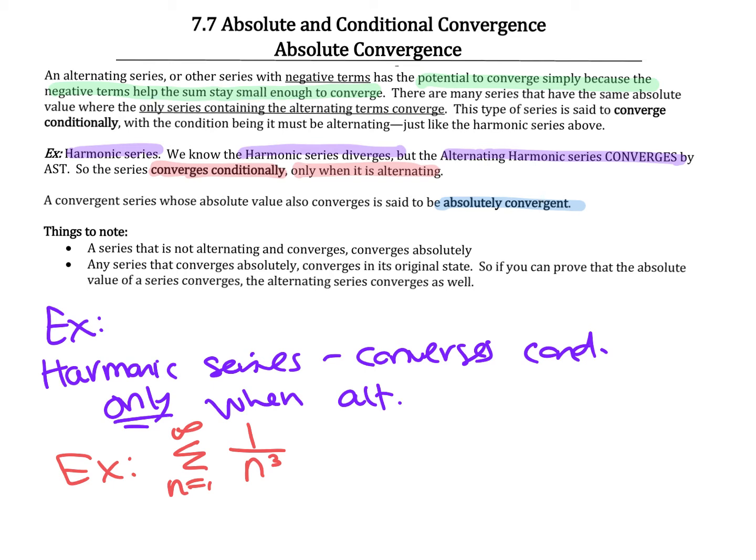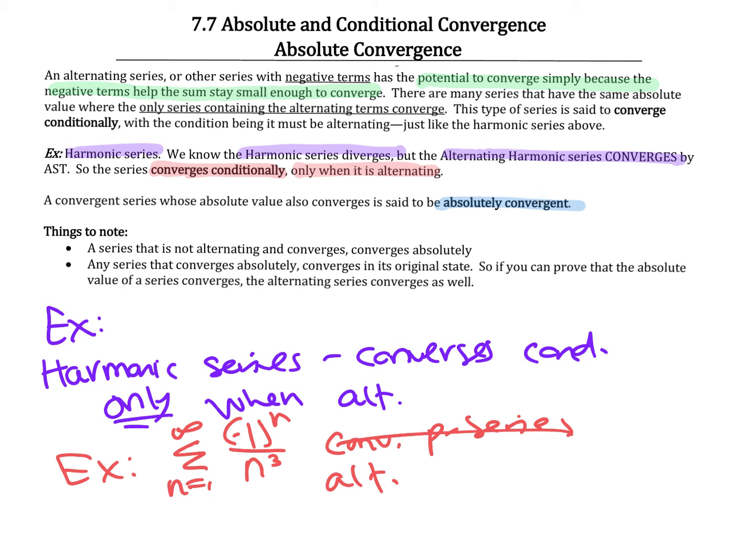If it converges when it's positive, we know this converges by the p-series test. We also could make it alternating. If it converges when all of the terms are positive, it's also going to converge when half of the terms are negative, likely using the alternating series test if it is alternating.